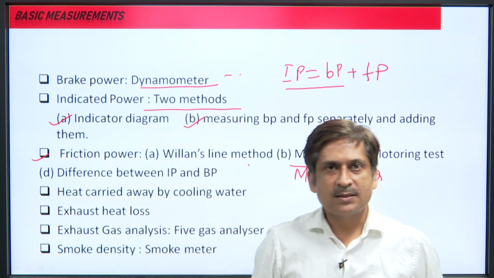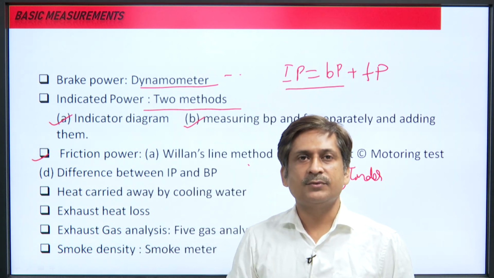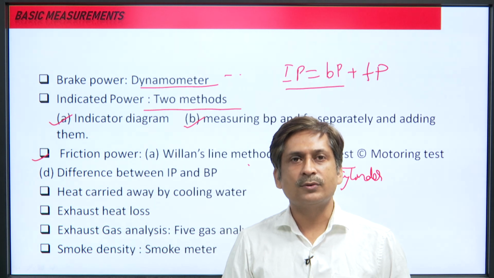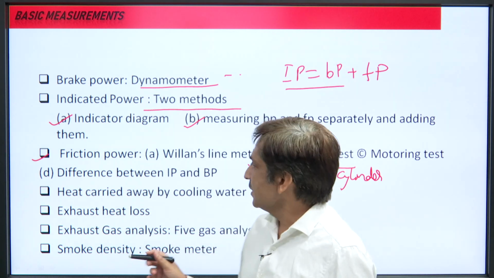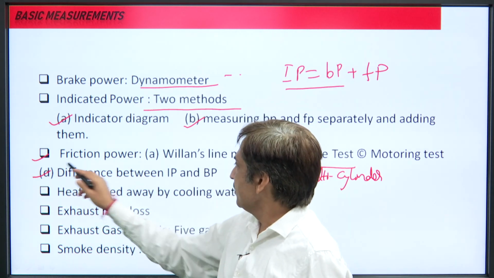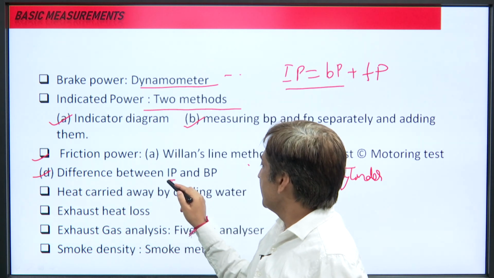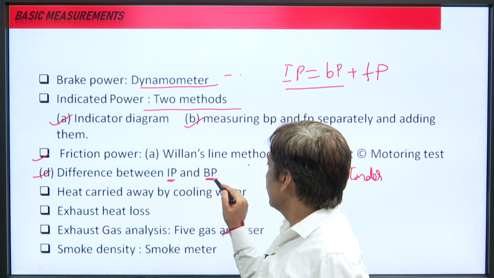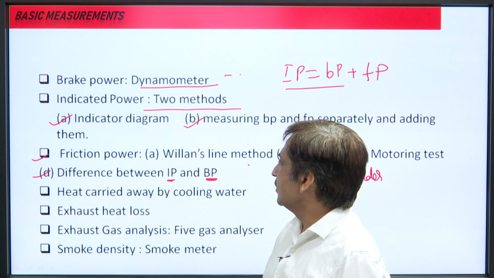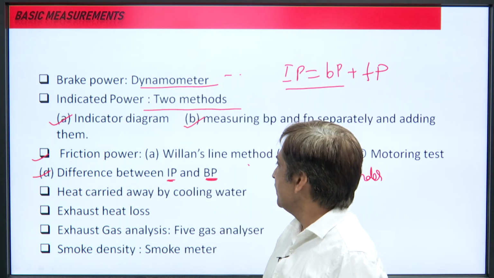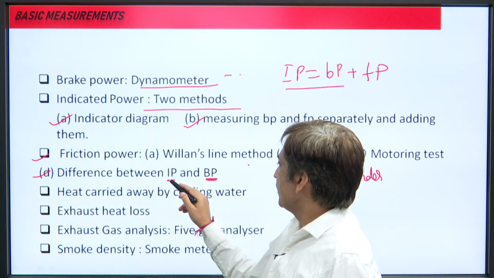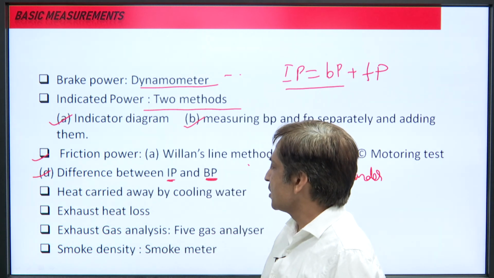So, with the help of these methods we can find friction power also. And the second method is the difference between IP and BP. You measure IP from the indicator diagram, you measure brake power with the help of the brake dynamometer. So, the difference between IP and BP is known as friction power.